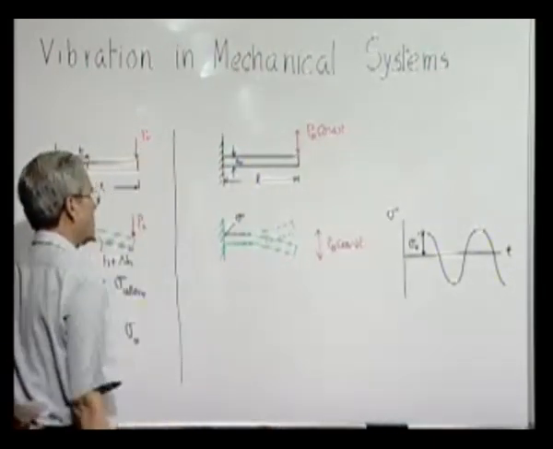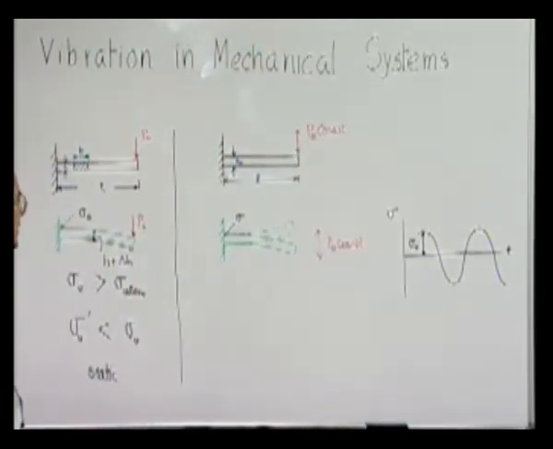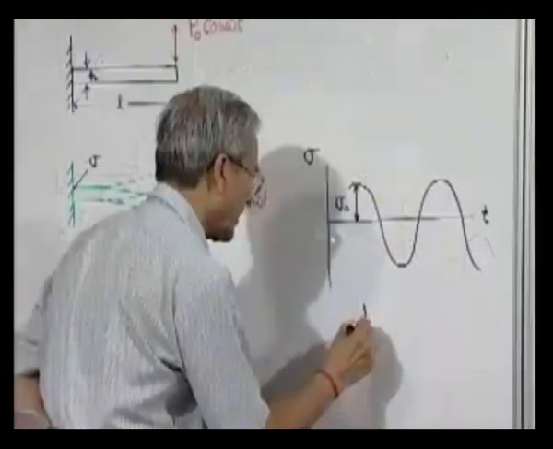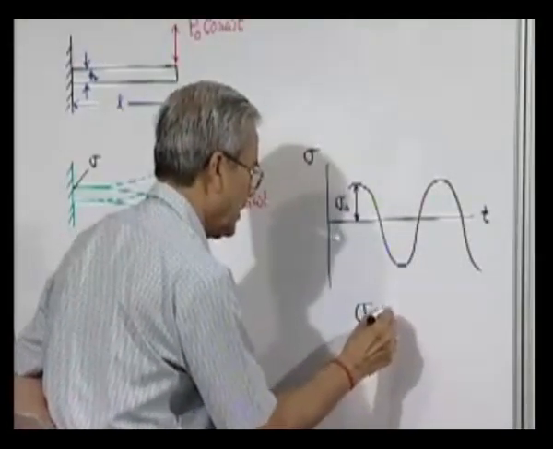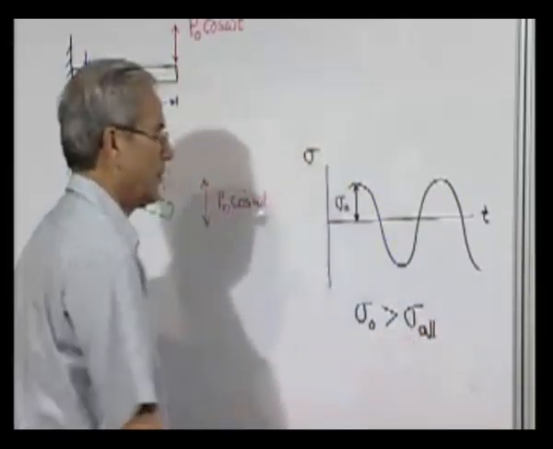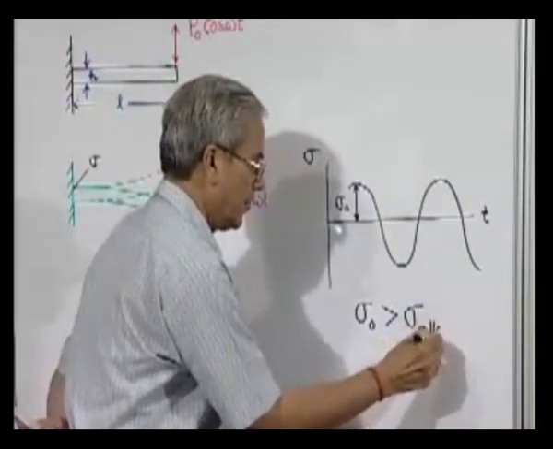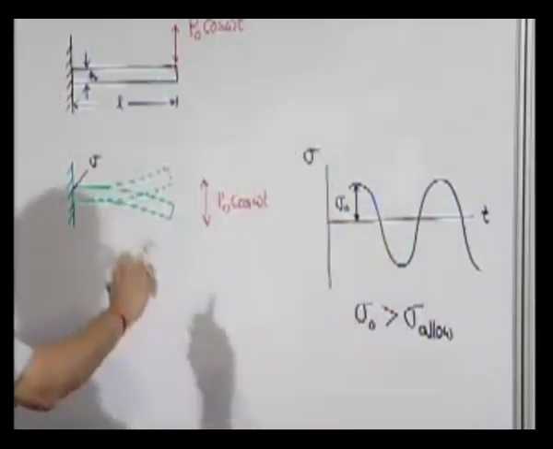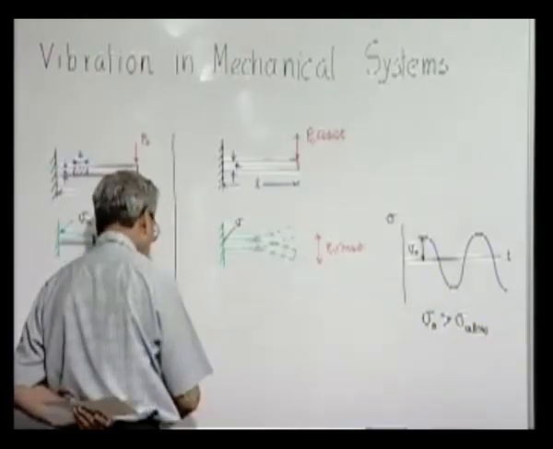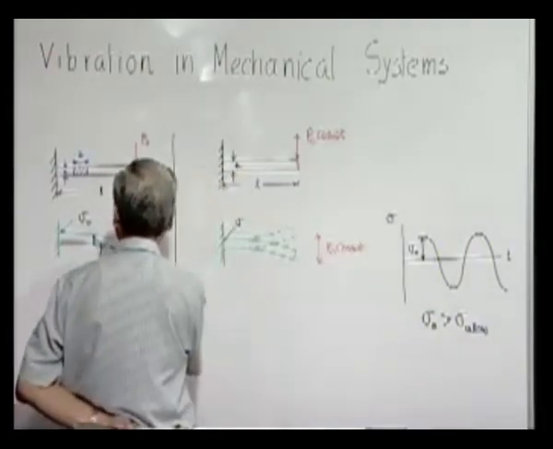Because now this also becomes dynamic, time dependent. Now suppose we find that sigma 0, that is the maximum stress developed, is more than allowable sigma of that material. So obviously this design will not do, and what we may try is to increase the thickness little bit, as we did in this case.